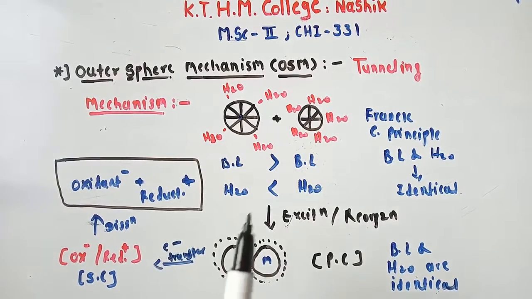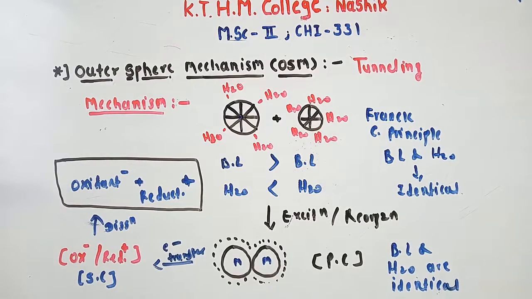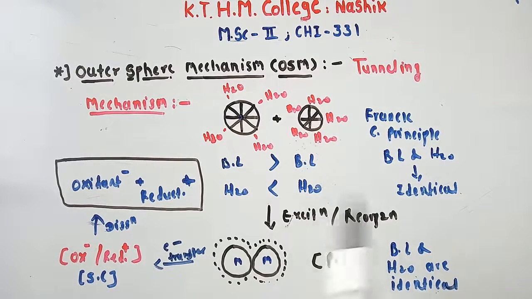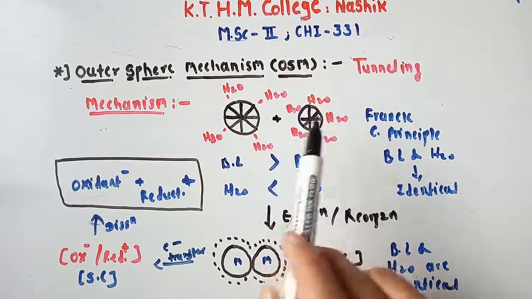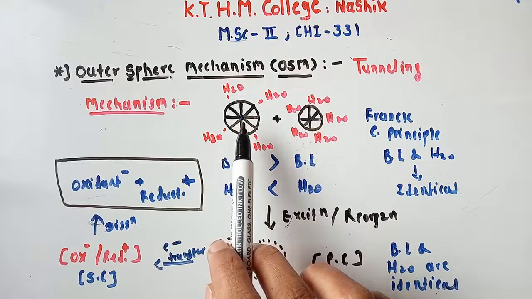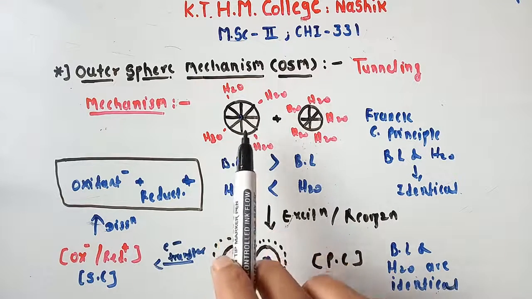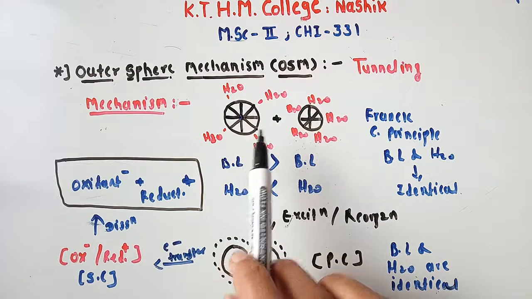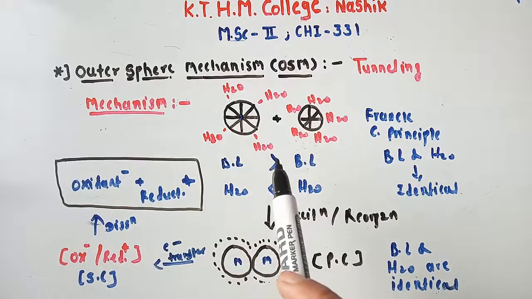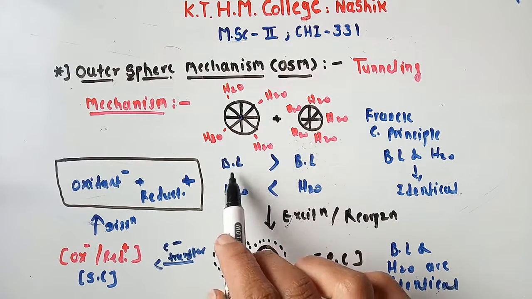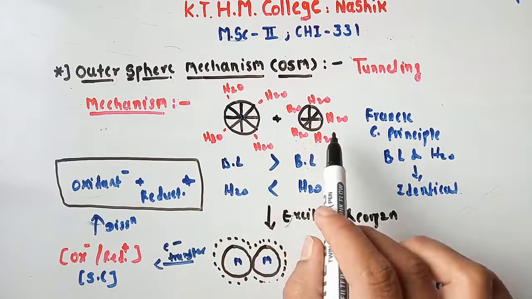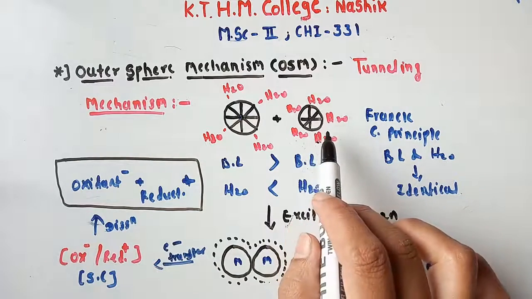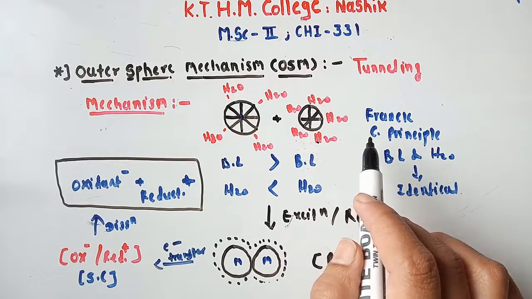What is the exact mechanism? See, there is a reaction between two species in the case of the outer sphere mechanism. Cobalt 2 plus is covered with fewer water molecules and its bond length is greater than cobalt 3 plus, while cobalt 3 plus is covered with more water molecules.